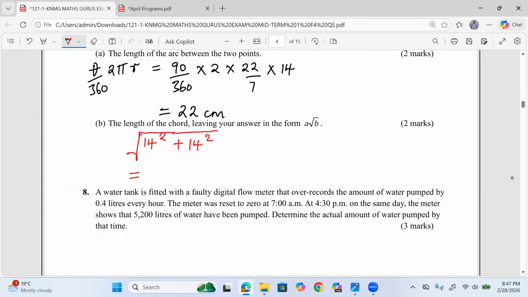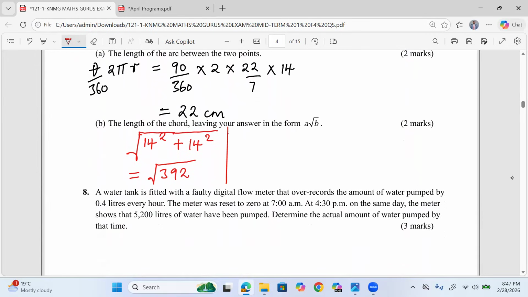Okay, so allow me to use my calculator there. 14 squared plus 14 squared gives us the square root of 392. To give this one in surd form, what shall it be?